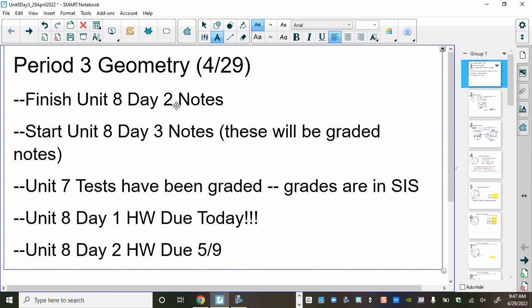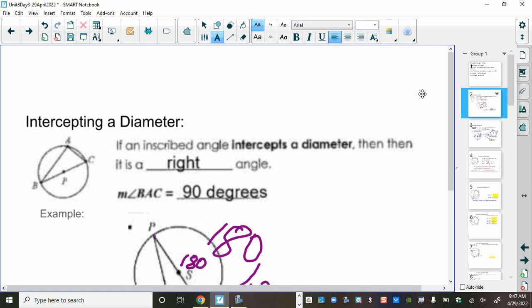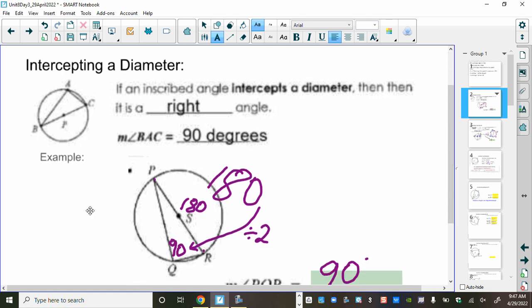I think we stopped from last time, like if your angle starts somewhere that's not in the center, but if the ends are at the diameter or at the semicircle, then basically the angle that came from the semicircle was 90 degrees.